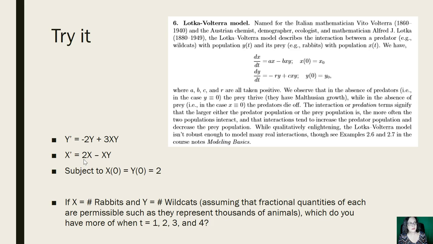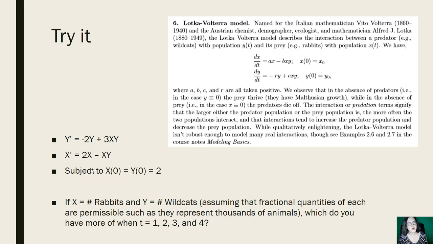Deriv 2 equals 2x minus xy, and these are my conditions, then I can solve for x and y over a period of time. And so if you go through and look at this for time 1, time 2, time 3, you see the fluctuating populations of the wildcats y and the rabbits x.